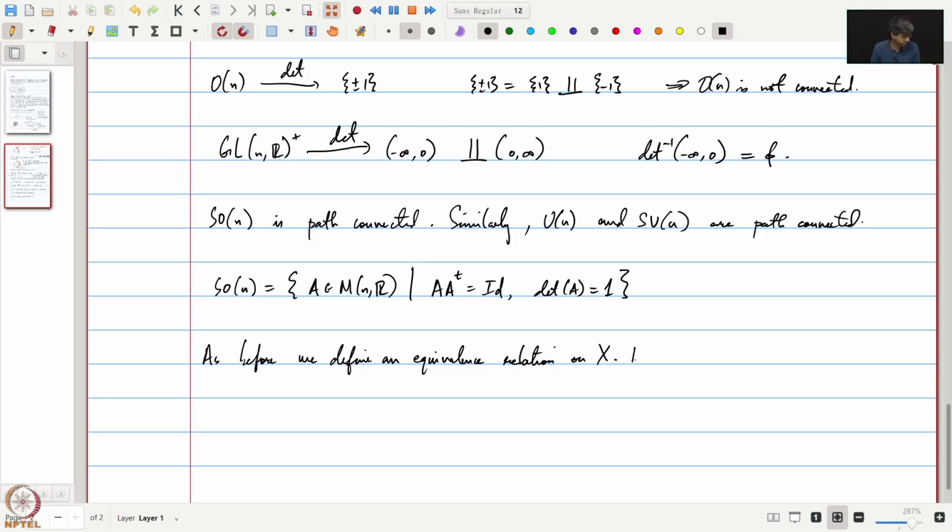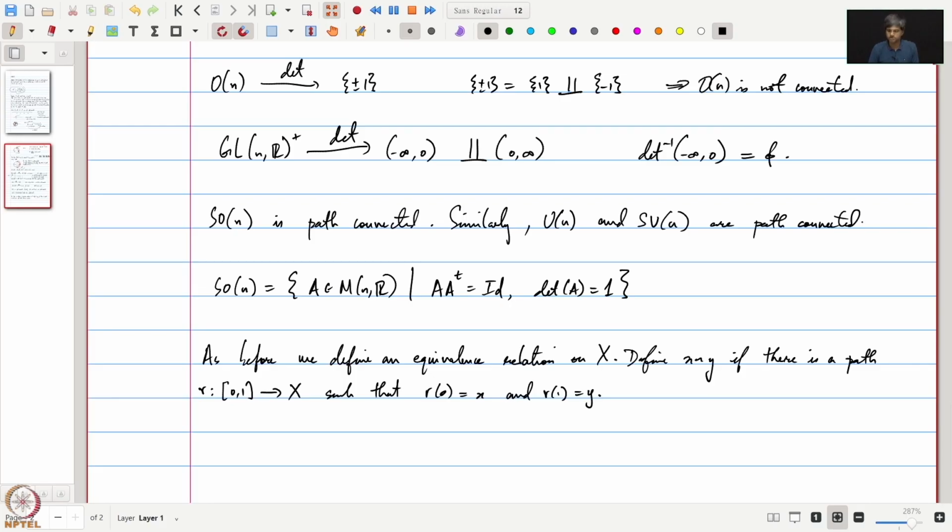We say X is equivalent to Y if there is a path, a continuous map gamma from [0, 1] to X, such that gamma of 0 is equal to X and gamma of 1 is equal to Y. So this is a new equivalence relation, and let us check that this defines an equivalence relation.